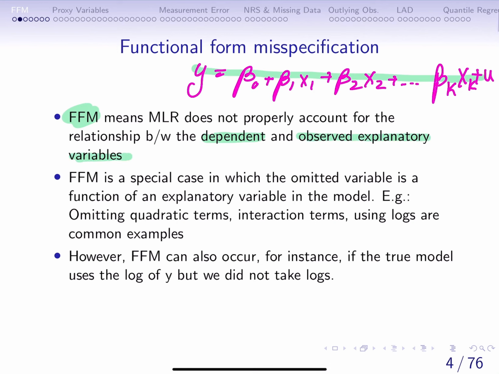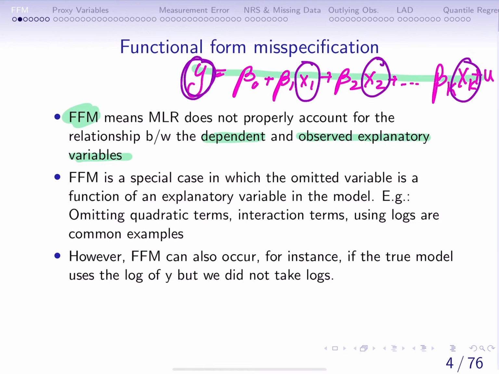Whatever the relationship is between y and these x's that we're trying to capture using this model cannot be properly accounted for because there's something missing in the functional form.